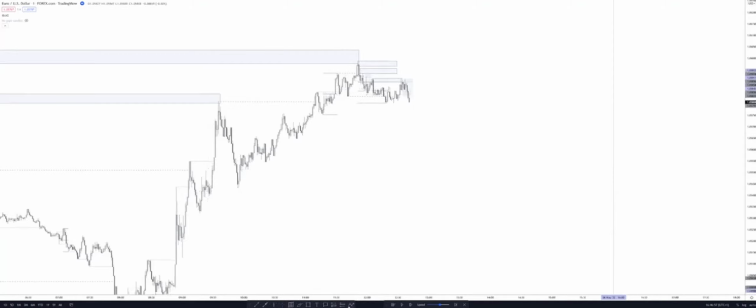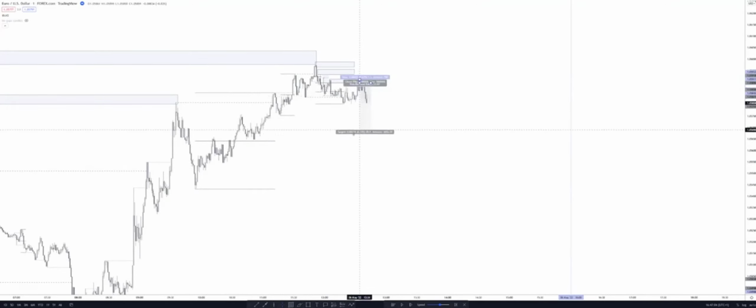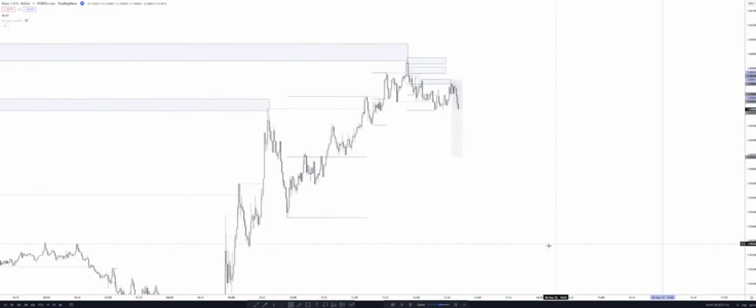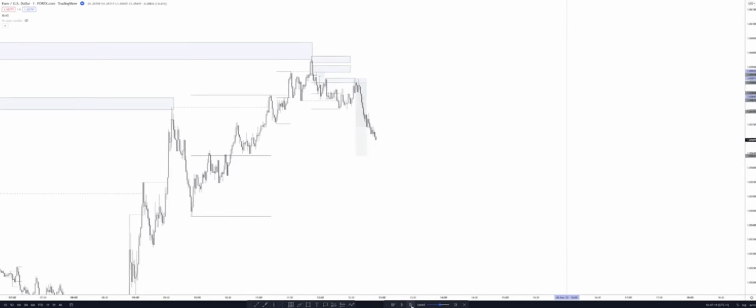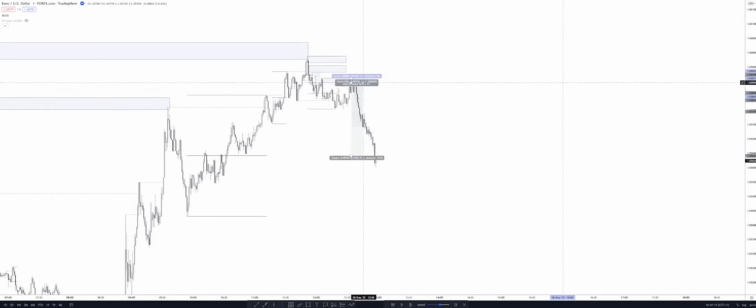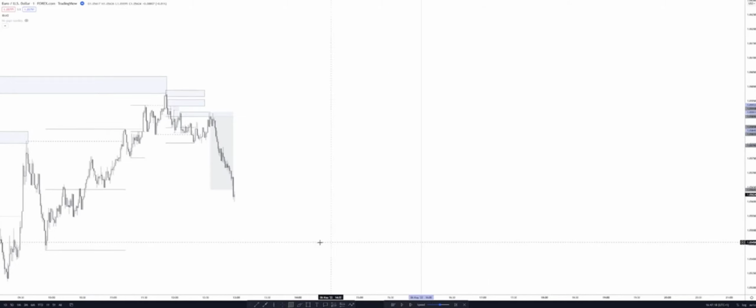So we look for the last unmitigated discount zone. This discount never got mitigated, so I just aim my first take profit at the discount zone here for about 17R. And then it quite nicely went all the way down there.